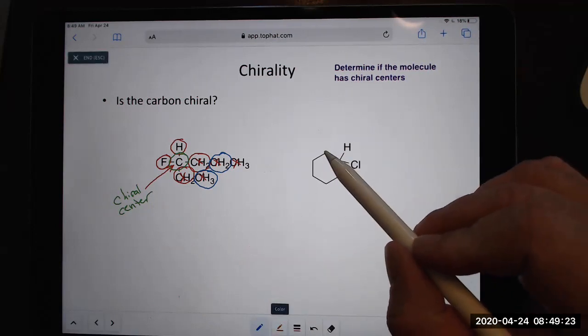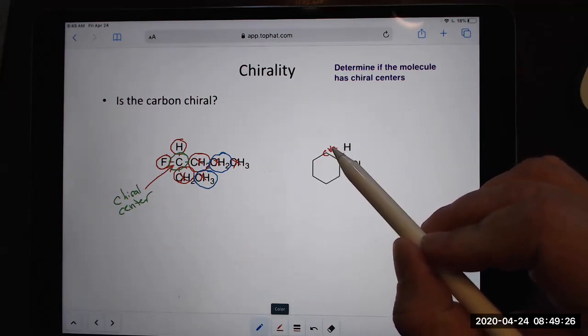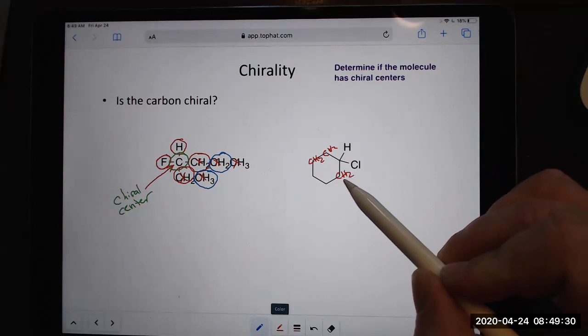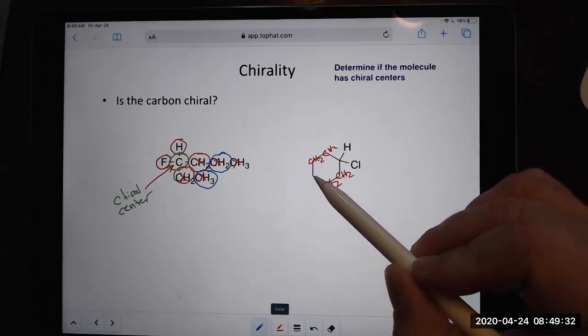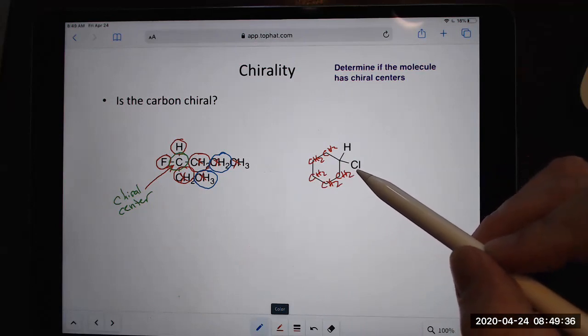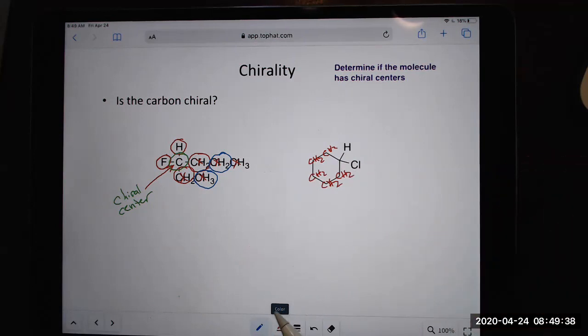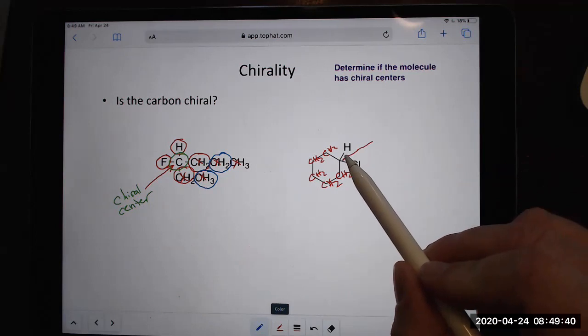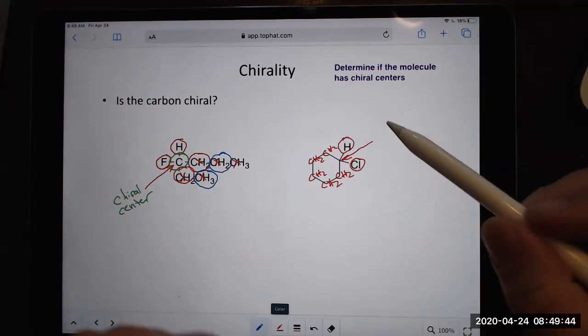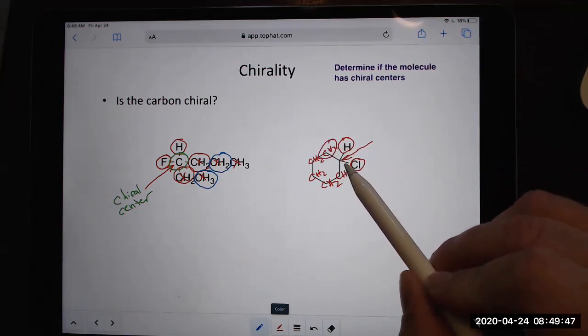Now for this one, if you put in the hydrogens, none of these 5 are going to be chiral because they have multiple CH2s on them. So the one we're interested in is this one here. We have a hydrogen, a chlorine, a CH2 and a CH2.